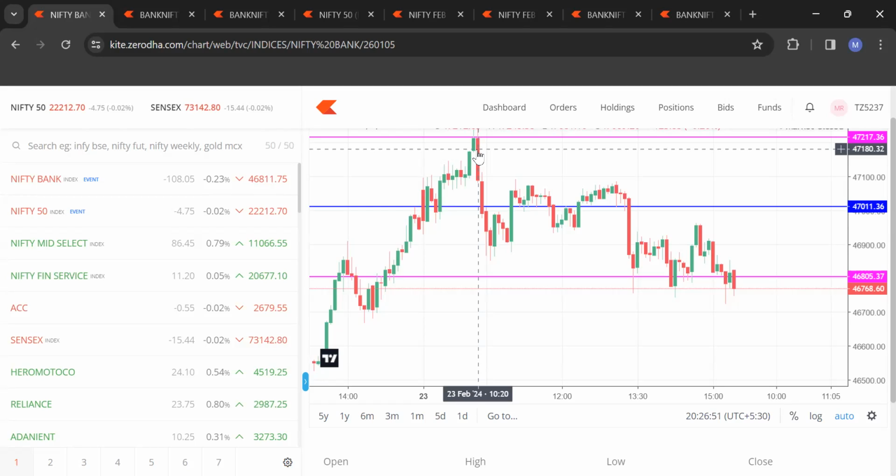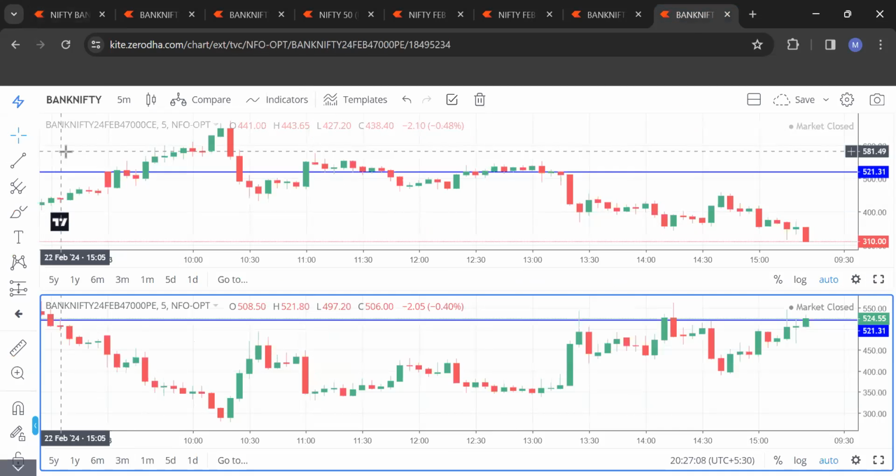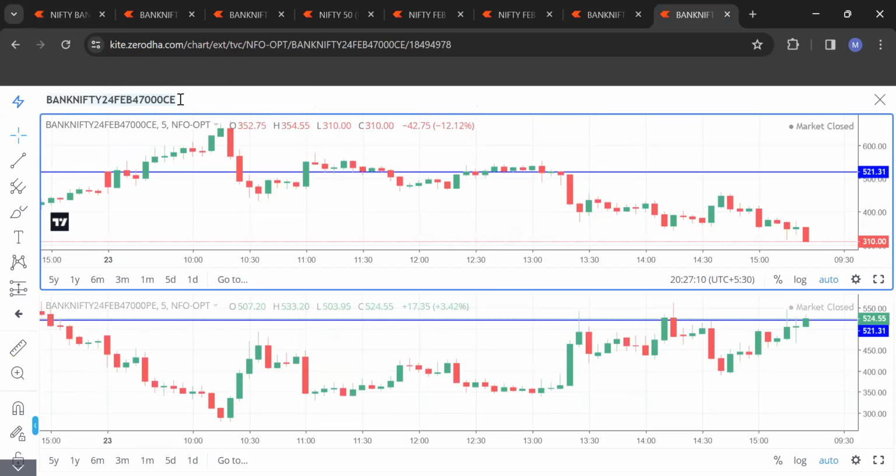Today's SPP was 478. So now at 10:15, 10:20, look out for one such strike whose SPP is 478. Now it is 47,200, so let's go and see 47,300 or maybe 47,000.